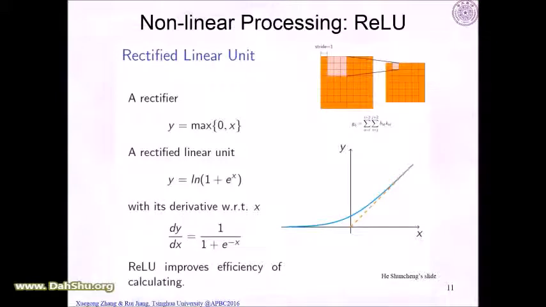The most popular one is the so-called ReLU function, that is, a rectified linear unit. It's a function like this. So after applying the filtering, we introduce a nonlinear operation on this output to get this node.